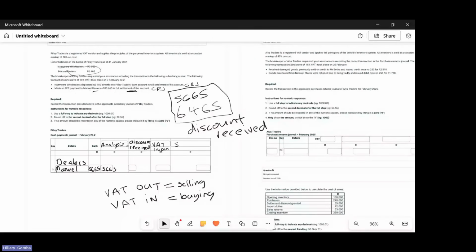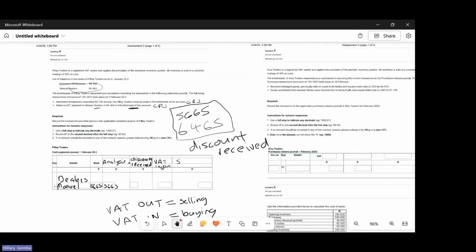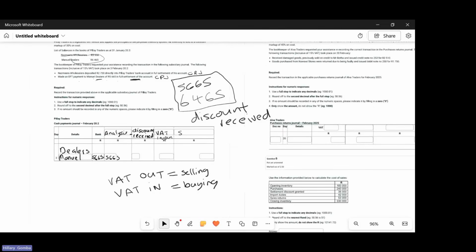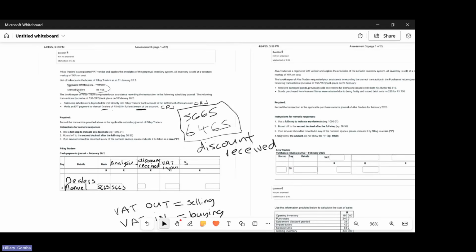All right. No, we're just doing question 4. We did 3. I'll just send you the recording so that you can watch 3 and then we can proceed with the others. So here we're dealing with a cash payment journal, and I was saying that whenever they give you such a question, you always need to be sure first which one is a cash payment journal or which one is a cash receipts.